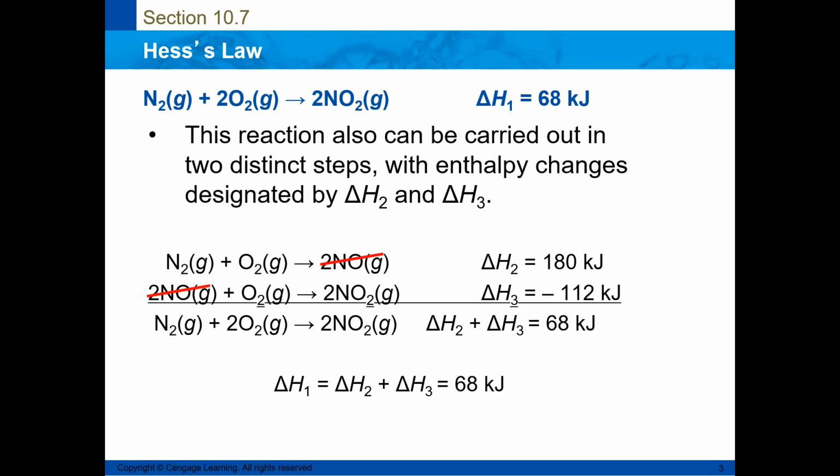So if you do this in 2 steps, one reaction absorbs energy and the other releases. So you are going to have 2 steps, not necessarily organized, but the final reaction is going to be the sum of all of those steps.